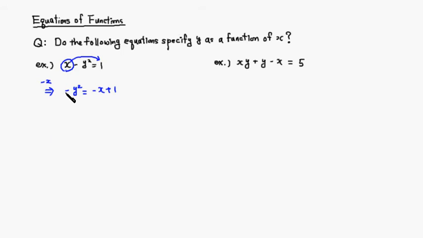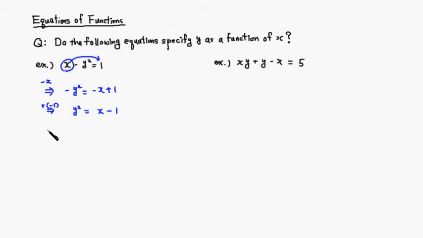Then I would like to get rid of the negative sign, so I'll multiply by negative 1. So we get y squared is equal to negative x multiplied by negative 1, which is positive x, and positive 1 multiplied by negative 1 is minus 1.